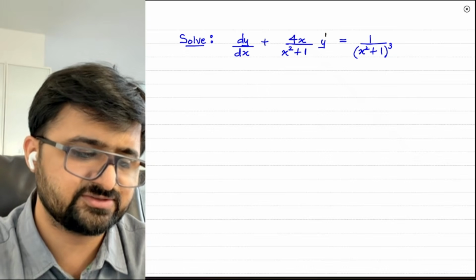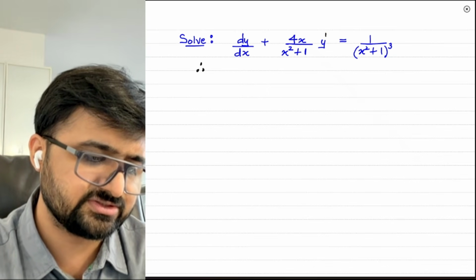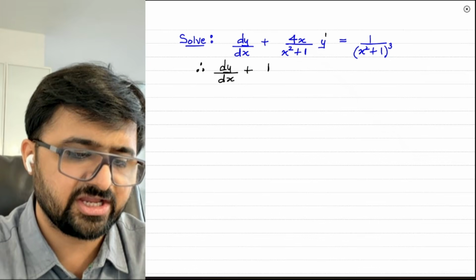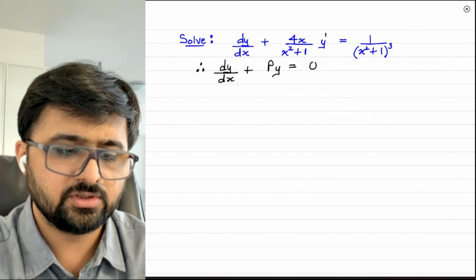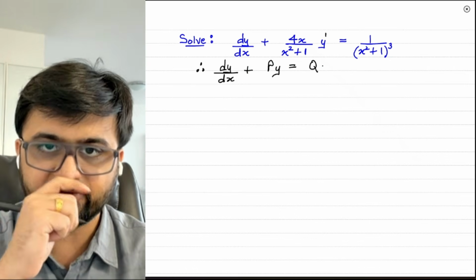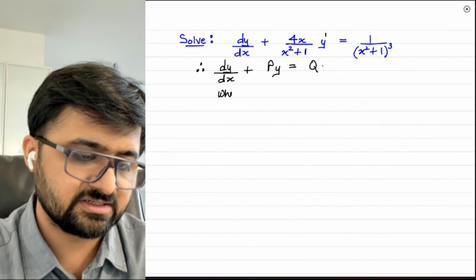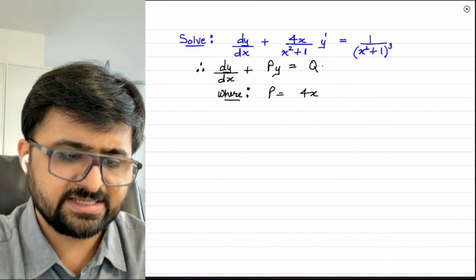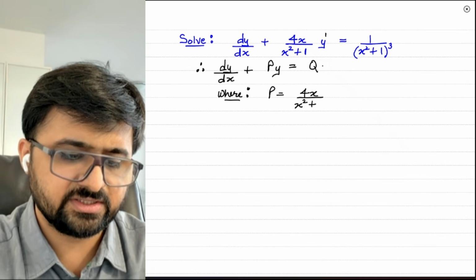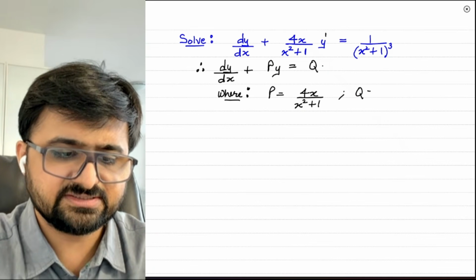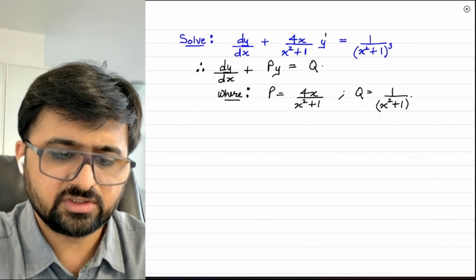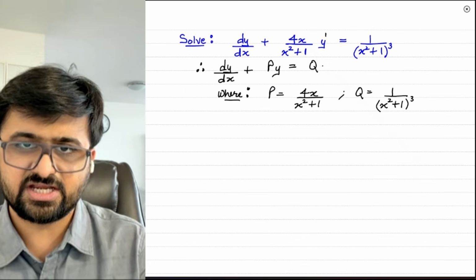That's why we immediately know this is of the type dy by dx plus py is equal to q, where p is 4x upon x square plus 1 and q is 1 upon x square plus 1 the whole cube. We found p and q, which are functions of x.